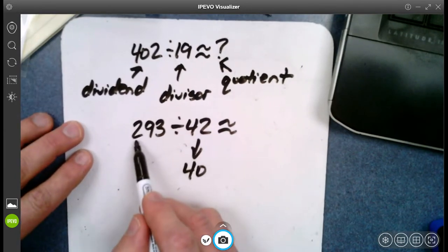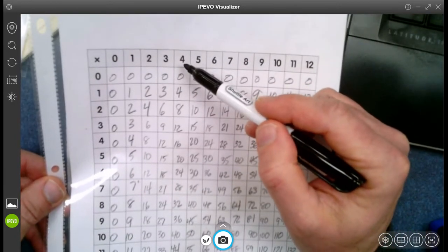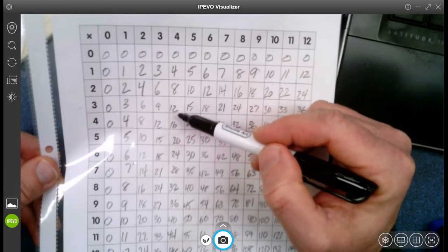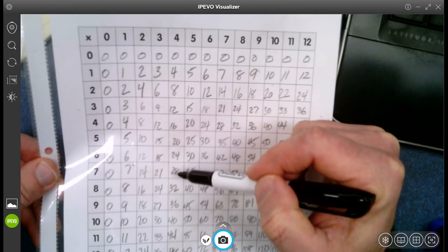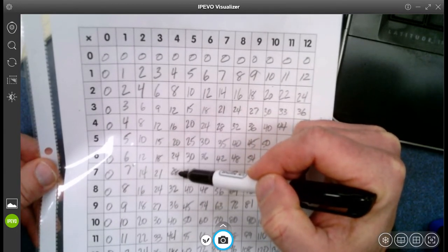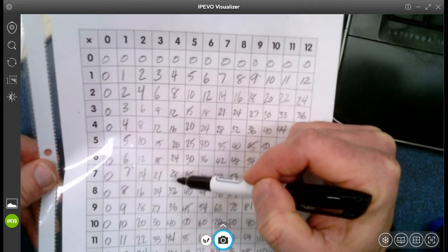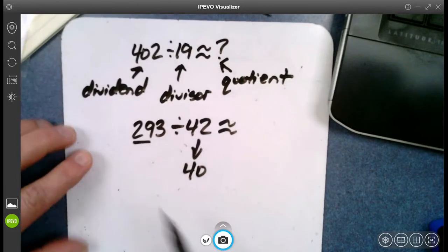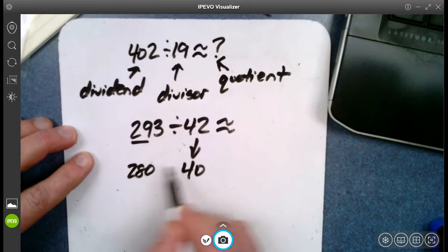What's going to be close to 29? Well, I can use my multiplication chart if I'm using that. And I can go down my fours until I get close to 29. And look at that. I go 28. 4 times 7 is 28. 4 times 8 is 32. That's too much. So 4 times 7 is 28. So I'm going to change 293 into 280.